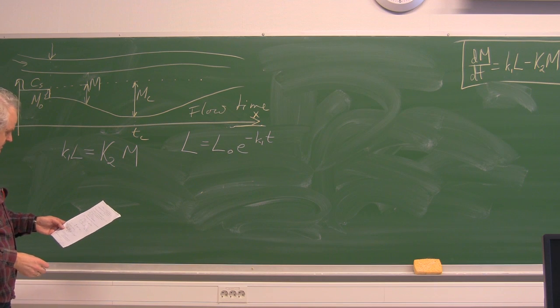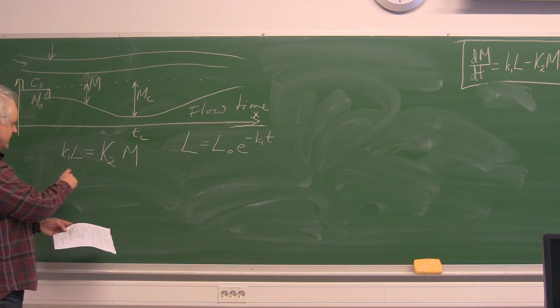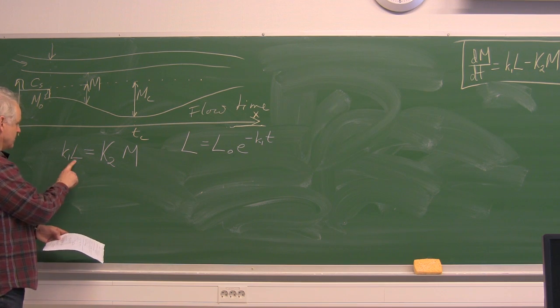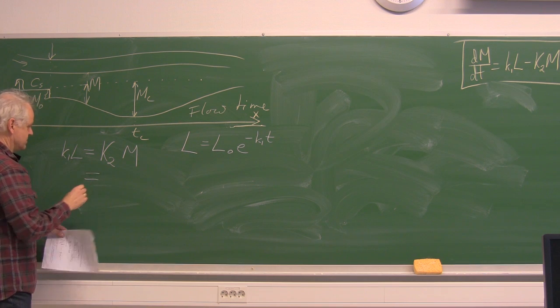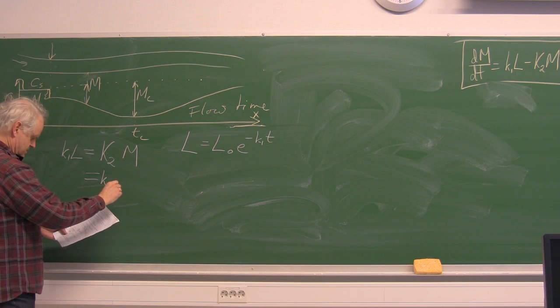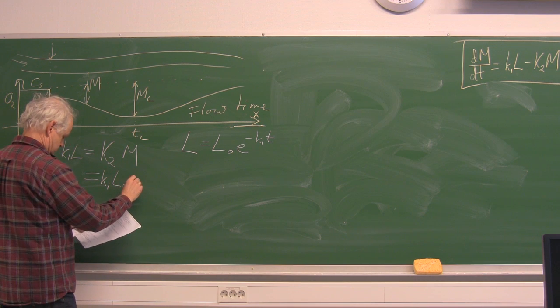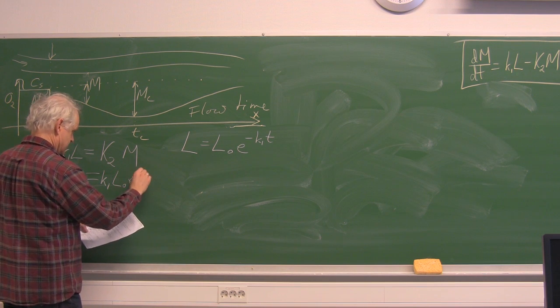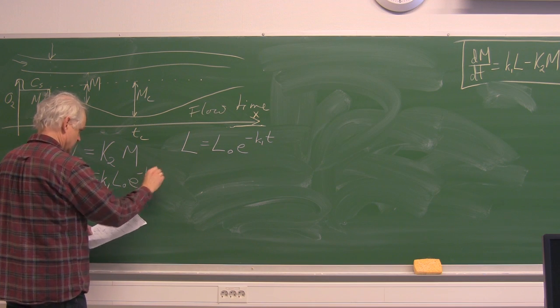But anyway, this is how we do it, and if we take this, we have K1 L = K2 M, or in other words, equal to K1 L0 e^(-K1 t).